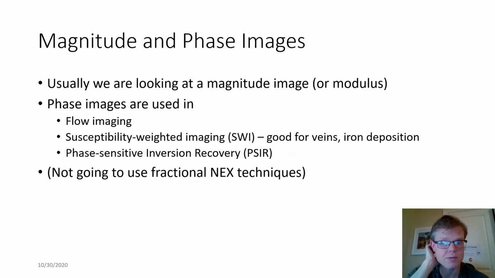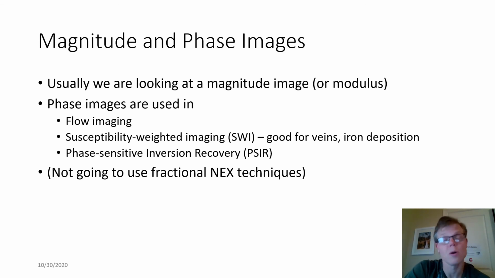Okay, so that covers the fractional NEX or partial Fourier techniques. And that also brings us to the point to remember that every MR image you're going to see has underlying magnitude and phase data, or it's complex valued data.